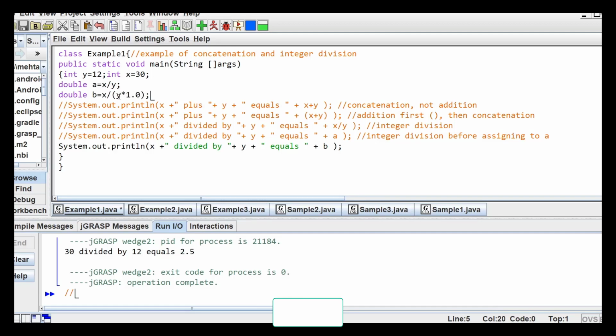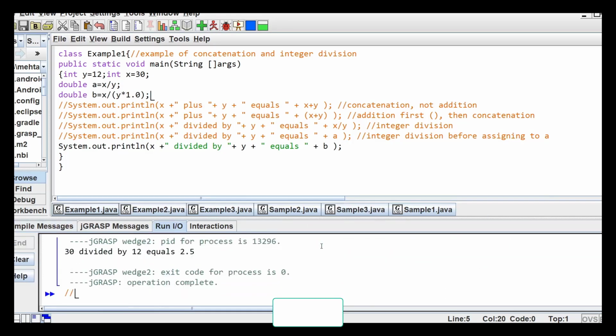So Y is 12. 12 times 1.0, int multiplied by a double becomes a double. So now I have 30 divided by this double, which is 12.0, and that will give me the answer that I wanted, 2.5.